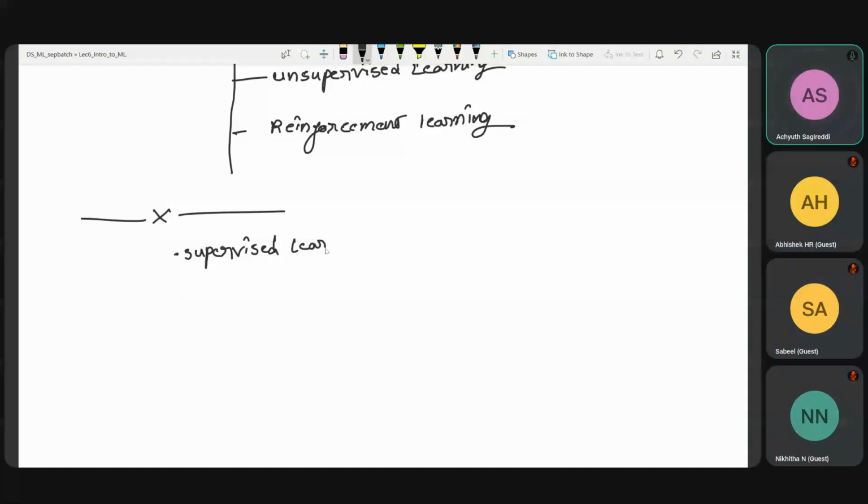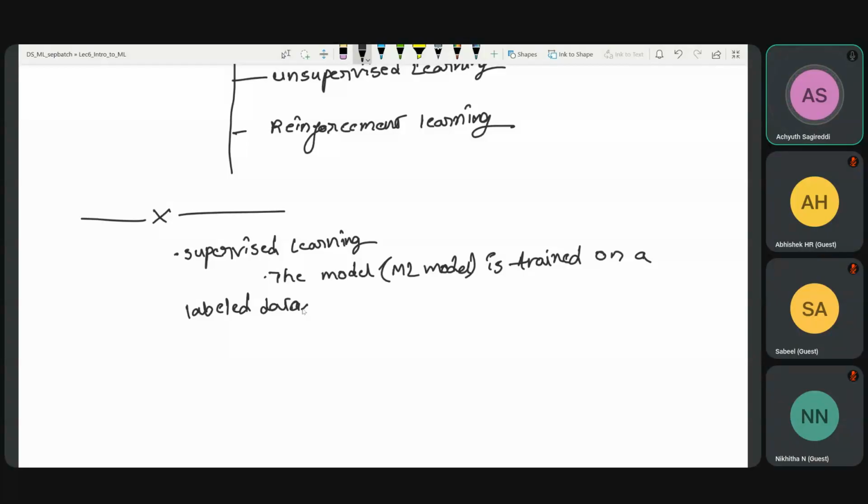So what is supervised learning actually? In supervised learning, the model, in the sense machine learning model, is trained on a labeled data set where the desired output is known.